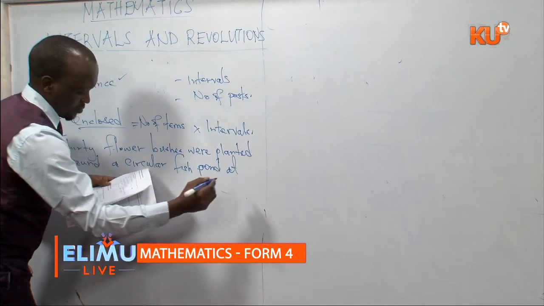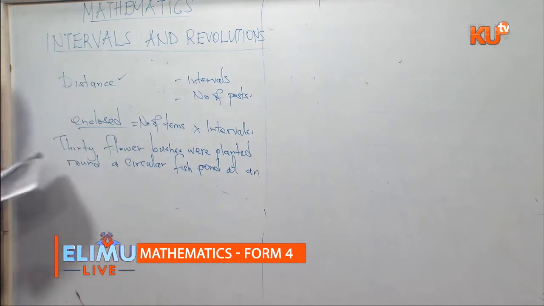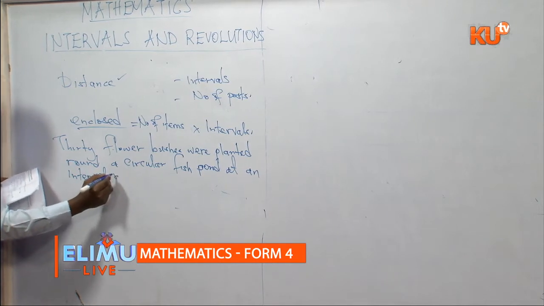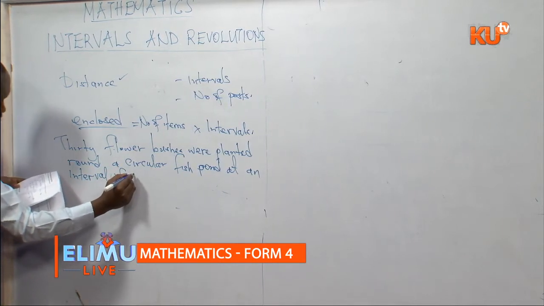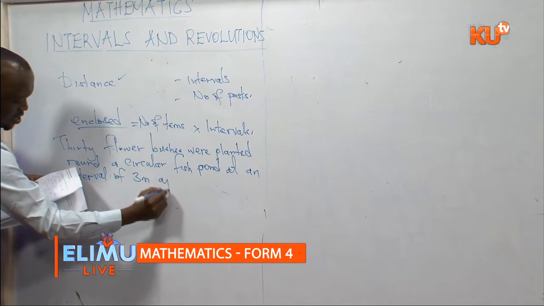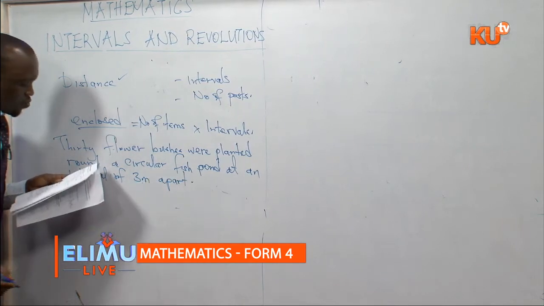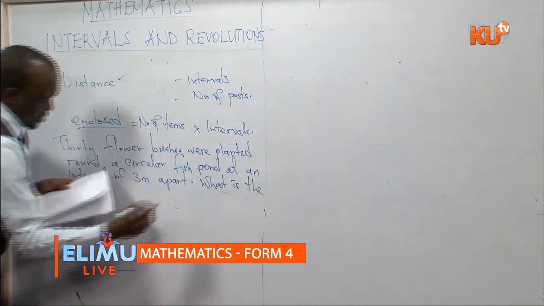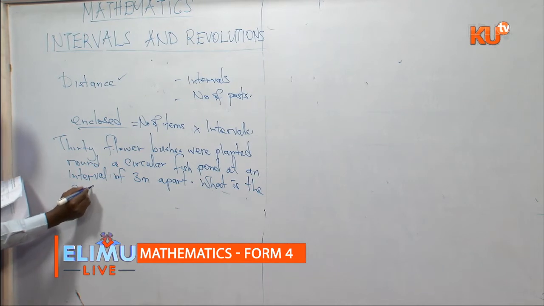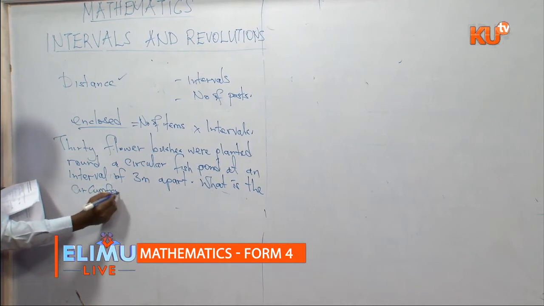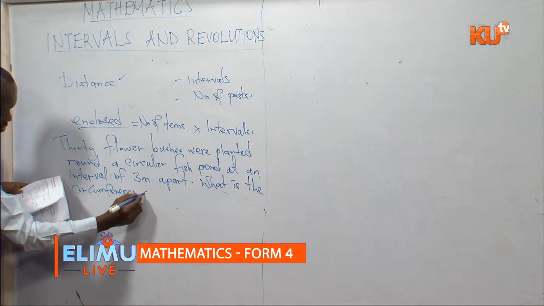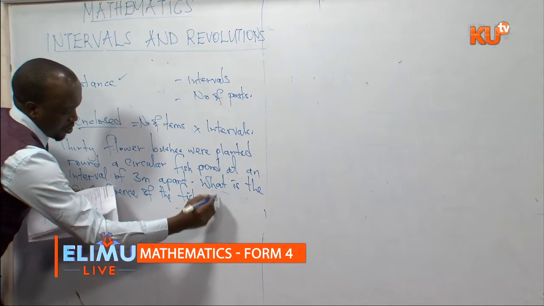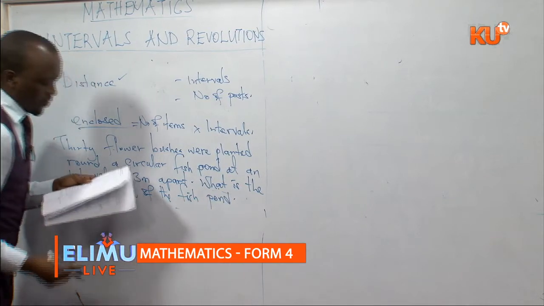They just know fish from the sea or the lake. At intervals of 3 meters apart. What is the circumference of the fish pond?